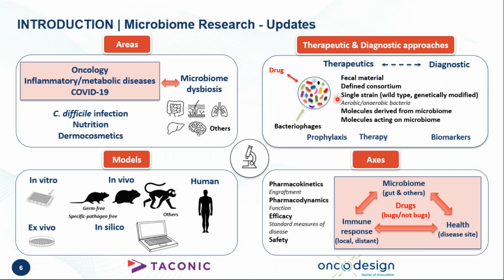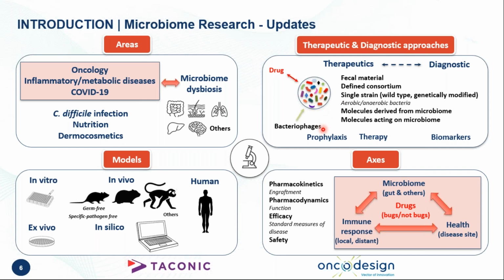Different approaches can be conceived for this purpose, with most listed here: fecal material, defined consortium, single strain, molecules derived from the microbiota, molecules known to act on the microbiota, and bacteriophages.